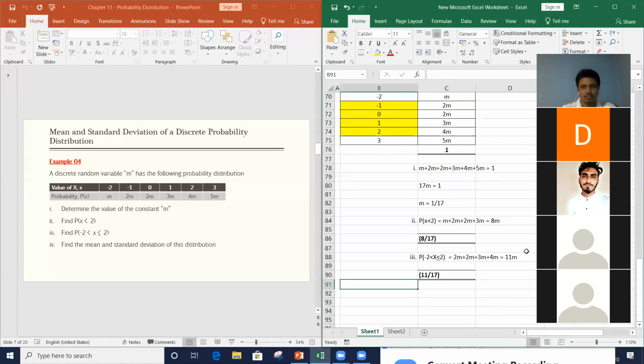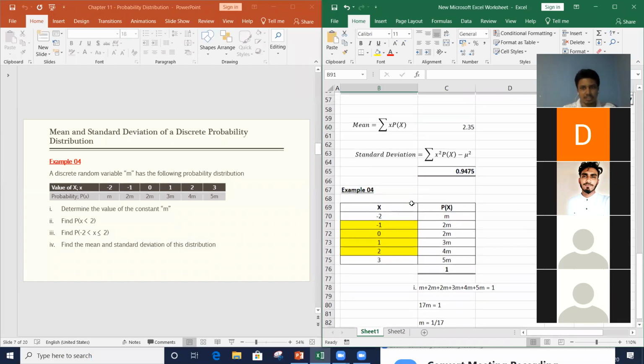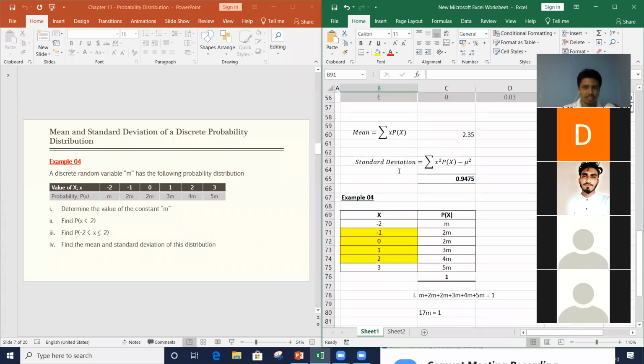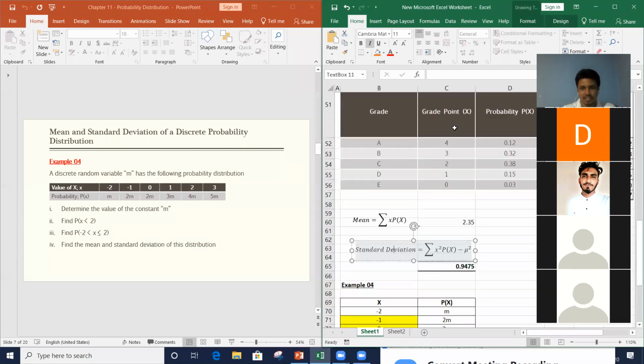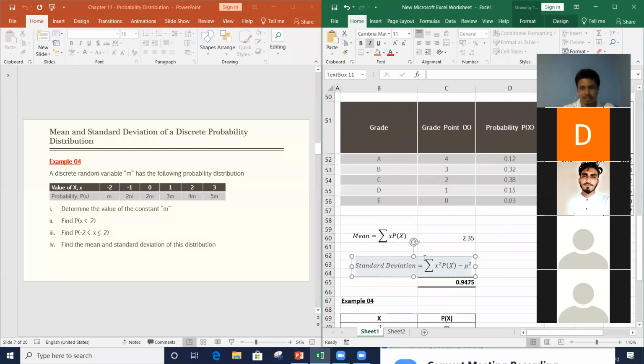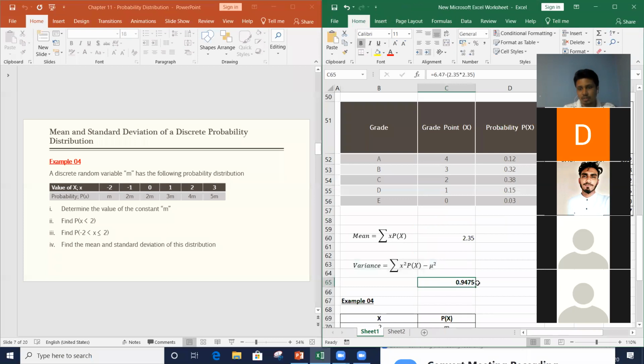Right. And then we need to find the mean and the standard deviation. One correction: in example number 3, what we found was the variance. This is the mistake we have done. 0.9475 is the variance.